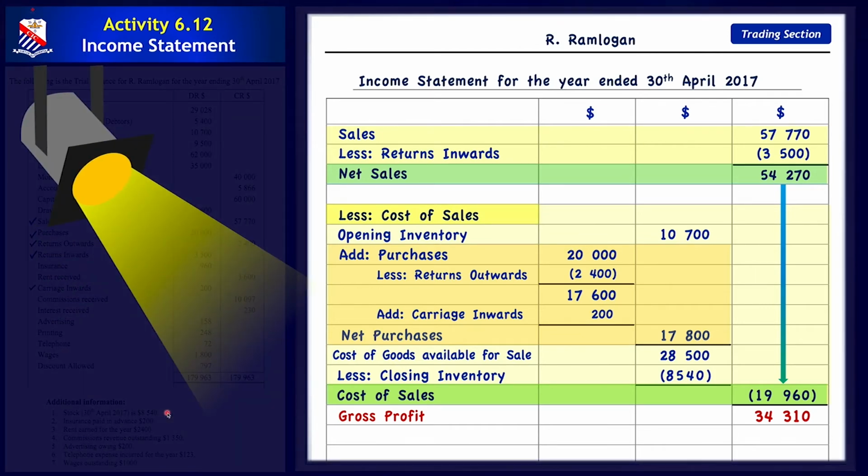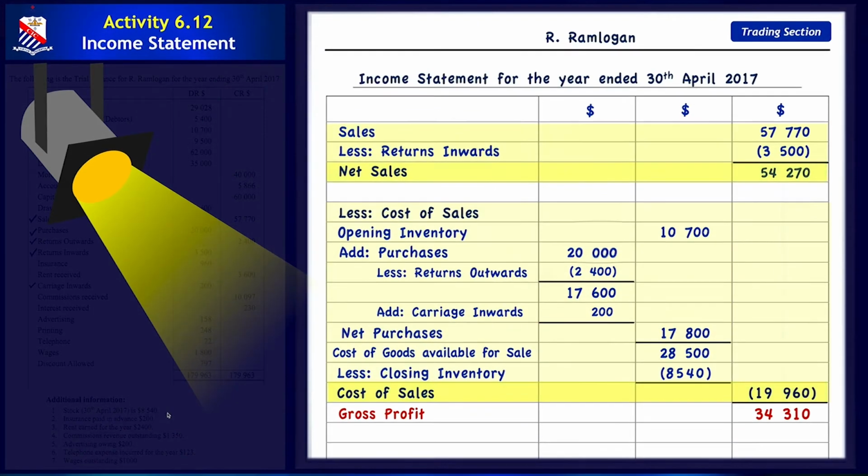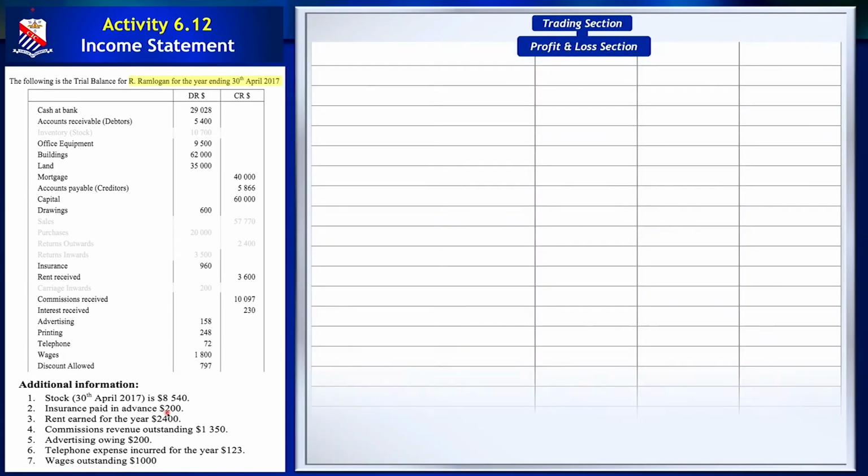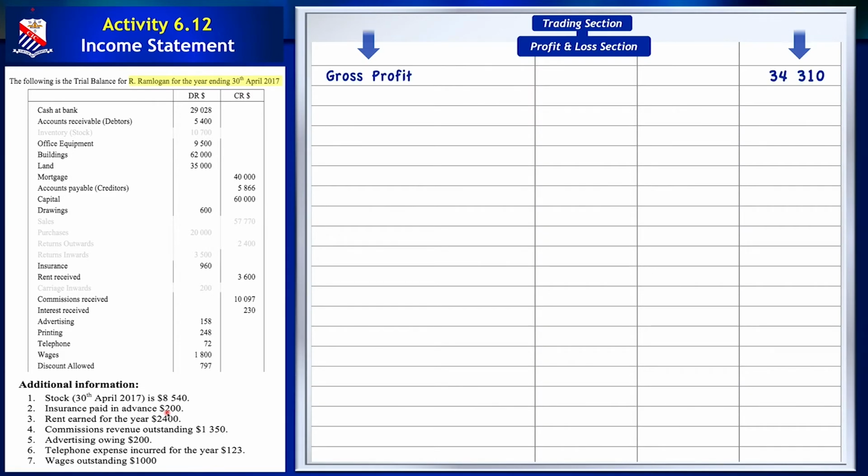Okay, so then we do the second part of it, which is your profit and loss section, and we're just going to start with your gross profit, which we calculated above. So we're just going to continue, and what you do is you add revenue. So of course you will go to your trial balance to look for your revenue. A little bit of advice, your revenue will always be the credit.